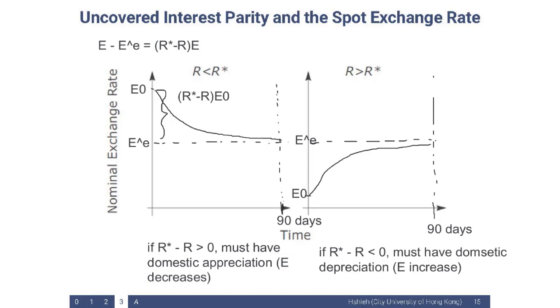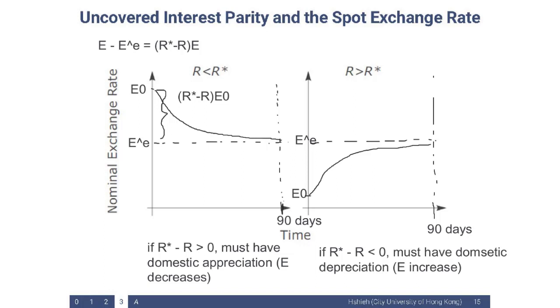Okay. Now, given that R star is greater than R, that means that the current spot rate must be above or below E hat E. Above, right? Because it's positive. So let's just put the spot rate.